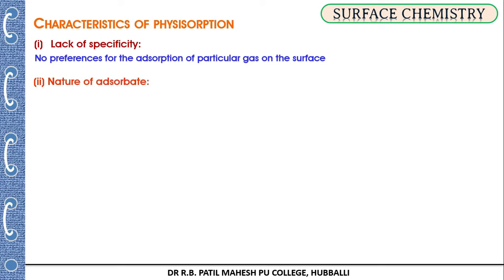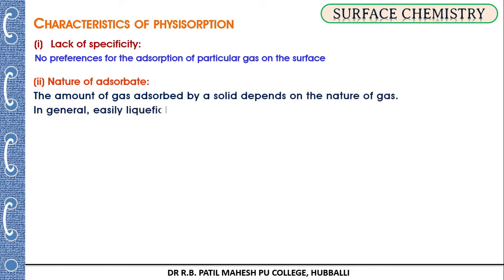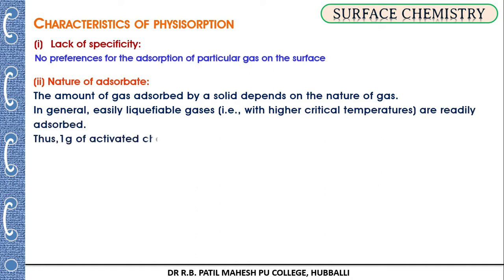Second one, nature of adsorbate. The amount of gas adsorbed by solid depends on the nature of the gas. In general, easily liquefiable gases or gases with a high critical temperature are readily adsorbed on the surface.